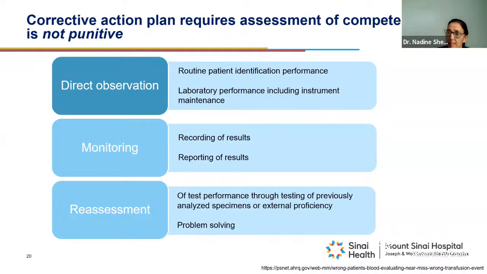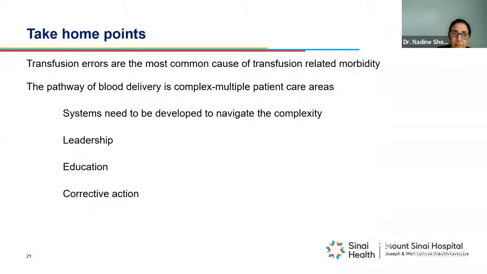Relook at the whole situation from the perspective of ensuring that test performance has been done adequately. And if not, then repeat test performance by, for instance, external proficiency testing. The bottom line really is to ensure that there's a problem-solving means to assess any situation to reduce the risk of the error occurring again.